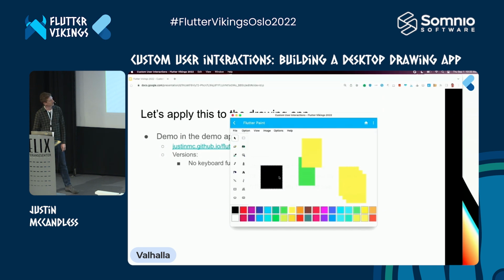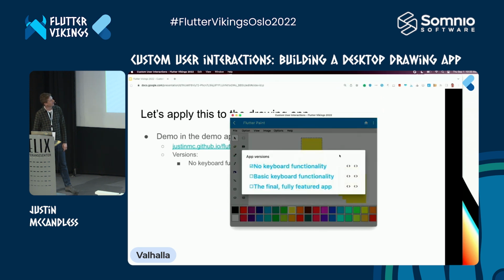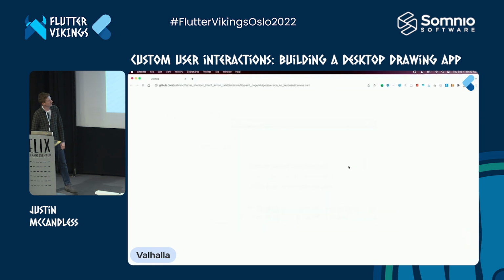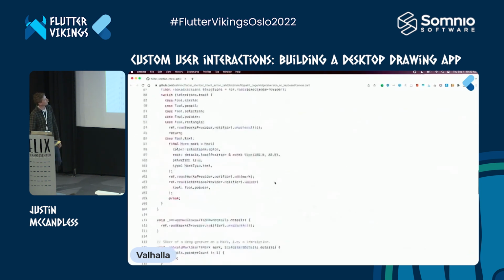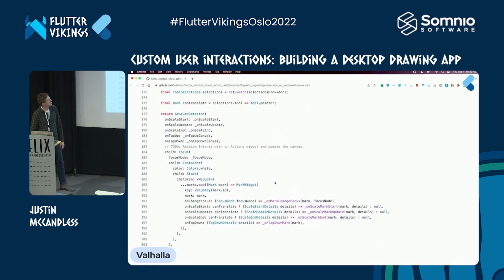So now if I click around here, I press backspace or Command C, Command V, nothing's happening. Nothing is hooked up. So let's look at that code really quickly just to get a handle on what this looks like with no keyboard shortcuts. So here's the code for the canvas, which is just the empty area where my rectangles and all that are going.